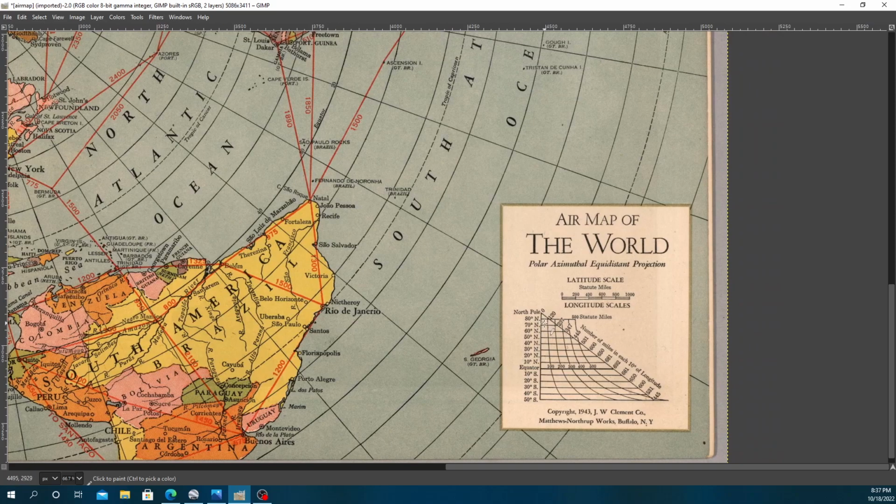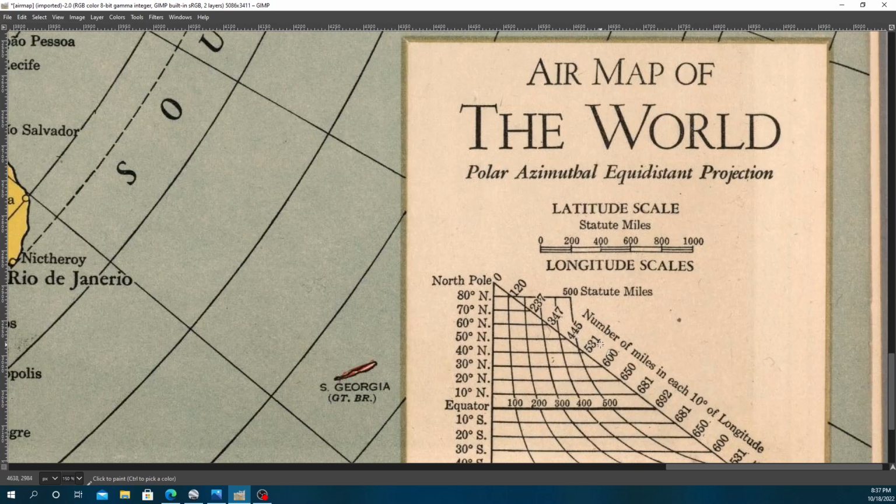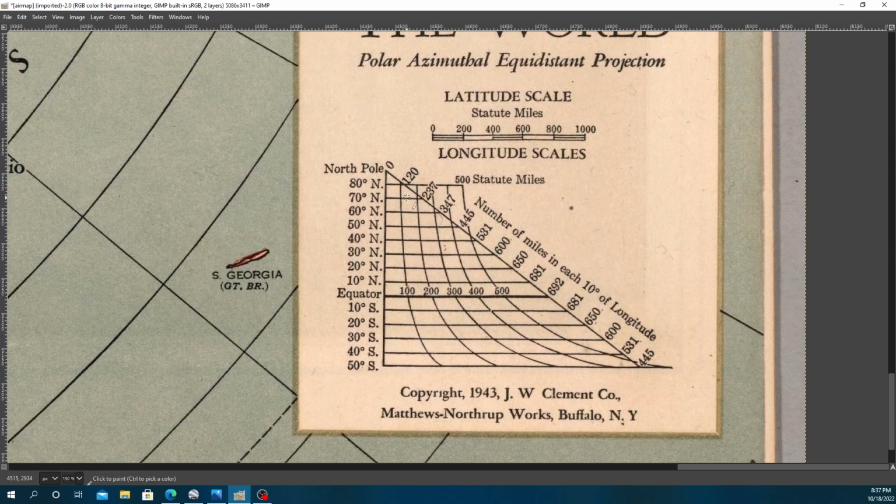So every one of these lines across this scale represents a line of latitude on the Earth. So the North Pole is here, 80 degrees north, 70 degrees north. Go ahead and zoom in on this again. The numbers here on this diagonal line show the number of miles in each 10 degrees of longitude.